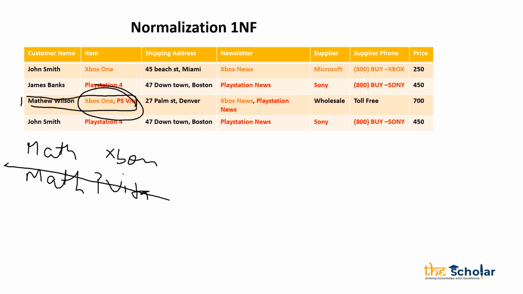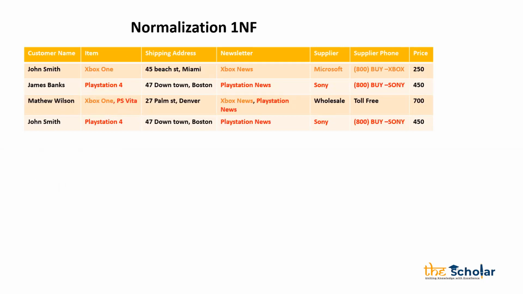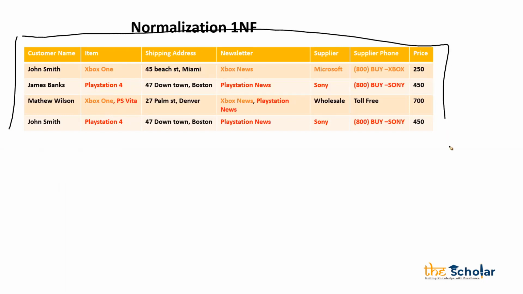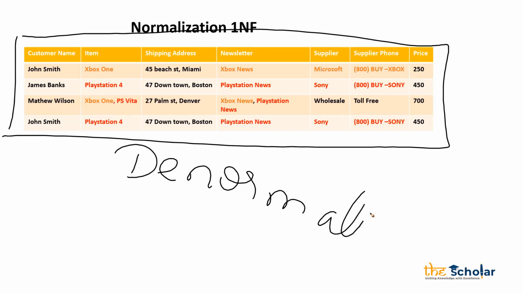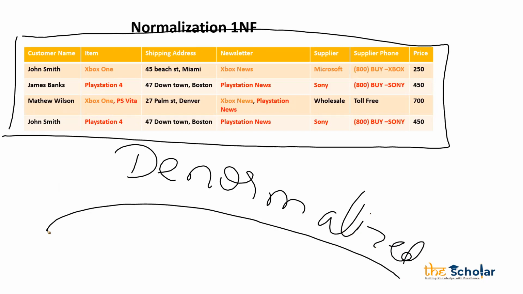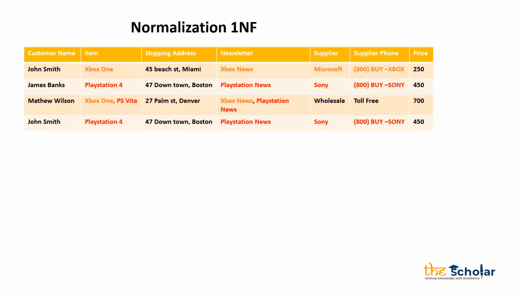So as of now, the table which you are seeing here is nothing but a denormalized table. It is a denormalized table. And I want to make this a normalized table. And in normalization, there are various ways: first normal form, second normal form, third normal form, fourth normal form, BCNF.